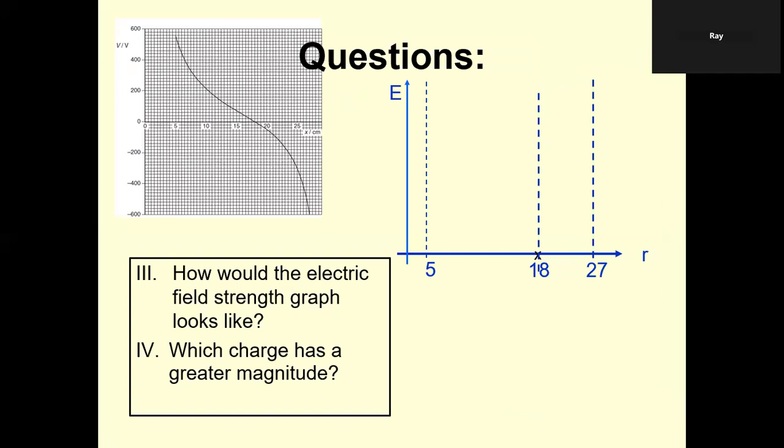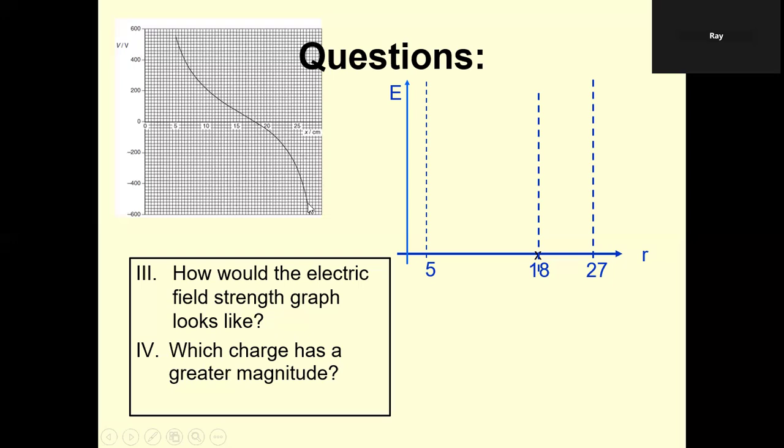How would the electric field strength graph look like? This is just basically using your gradient. All the gradients are negative, but because of the negative sign, negative becomes positive. And then that part will be 0.